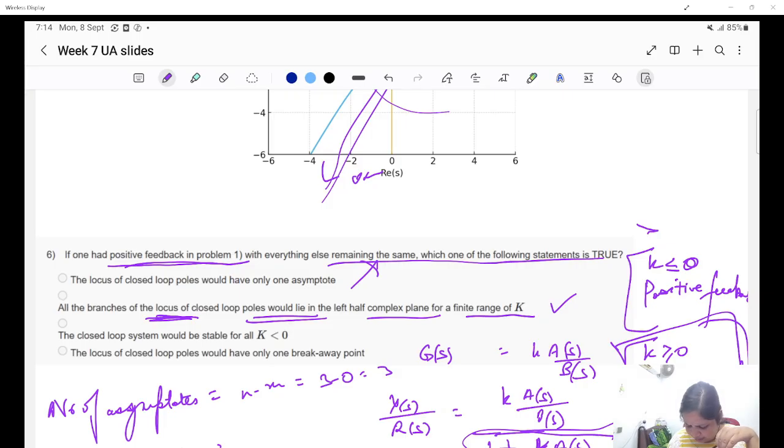This is not correct, right? If it is saying for a finite range of k, that means for some value of k it is going to lie in the left half of the S-plane.